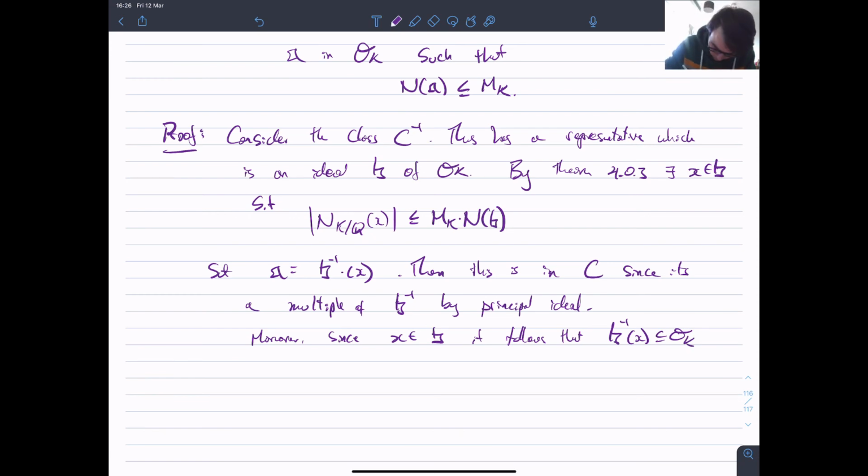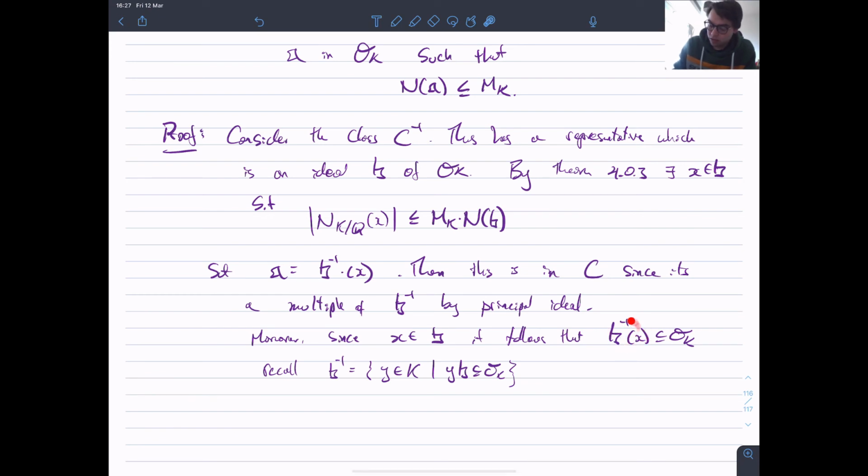So recall what the inverse means. B inverse is the set of y in K such that y times b is an element of OK. This is what the inverse of a fractional ideal was. They're all y such that y times b is in OK.